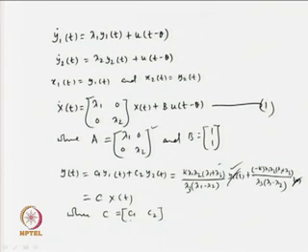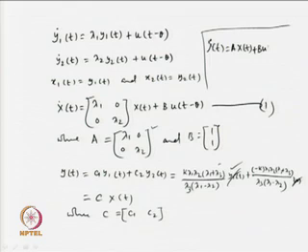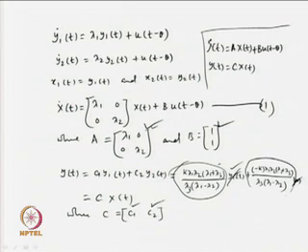So, finally, one can obtain the state space representation of the second order transfer function model in the standard form of x dot t is equal to A x t plus B u t minus theta and y t equal to C x t, where A is this much, B has elements 1 and 1, and C has two elements C 1 and C 2, where C 1 is this much and C 2 is this much.